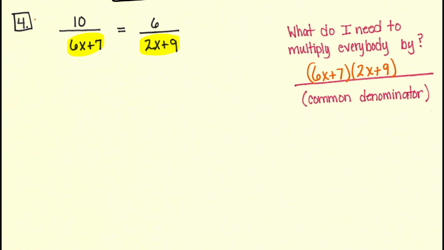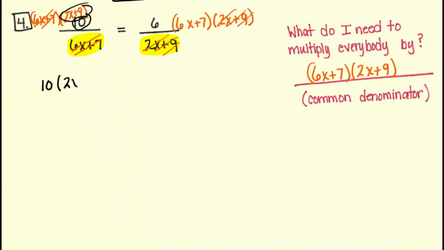I'm going to multiply that to both sides, 6x plus 7 and 2x plus 9, 6x plus 7 and 2x plus 9. I see that the 6x plus 7's cancel. I see over here the 2x plus 9's cancel. So then what I'm left with is a 10 and a 2x plus 9.